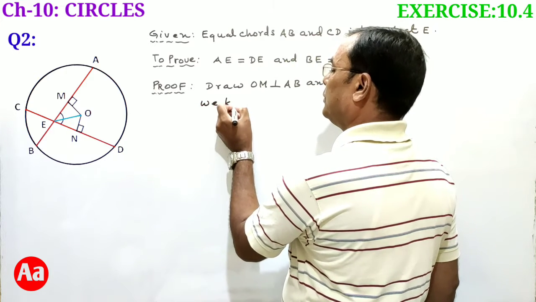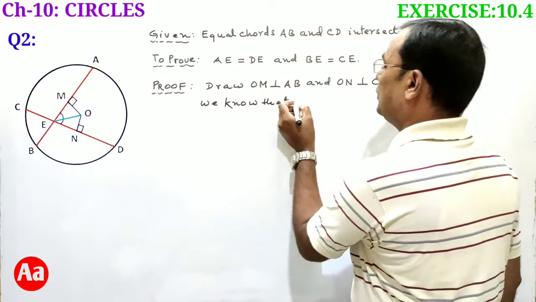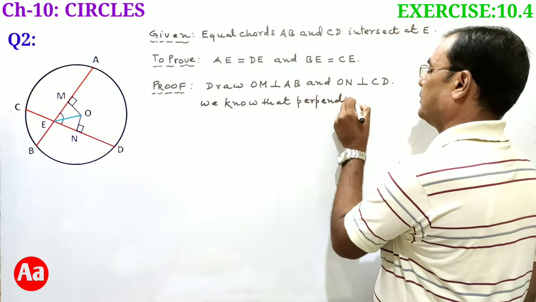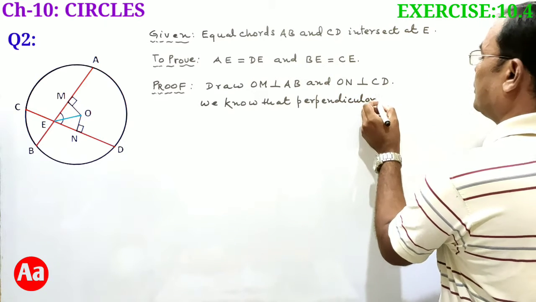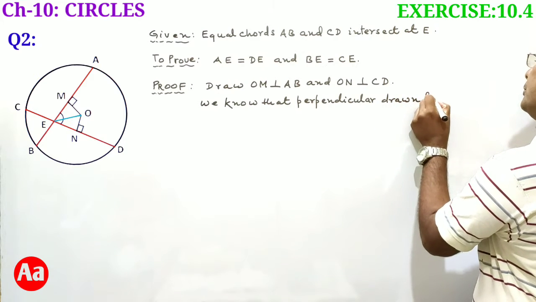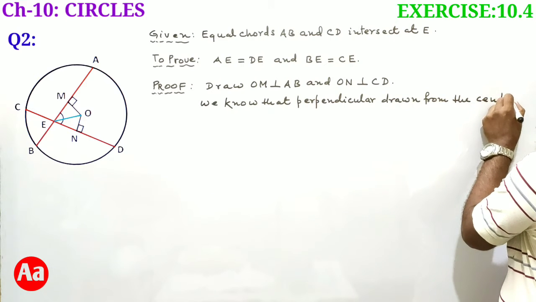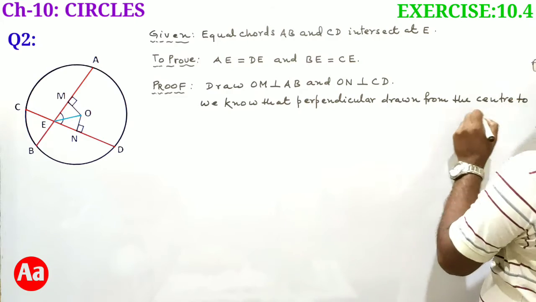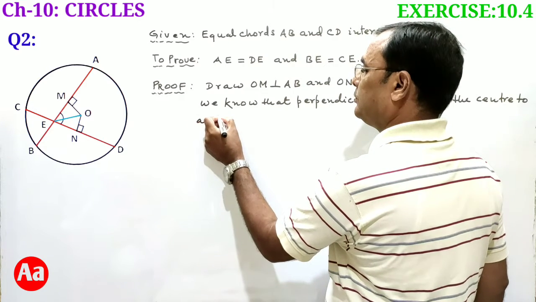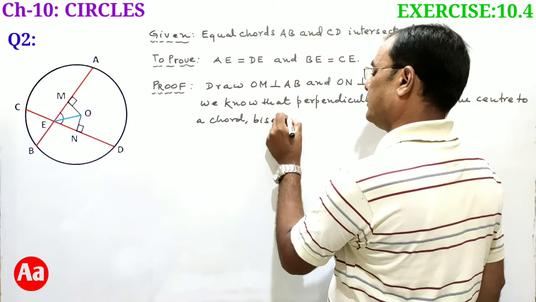We know that a perpendicular drawn from the center to a chord bisects the chord.